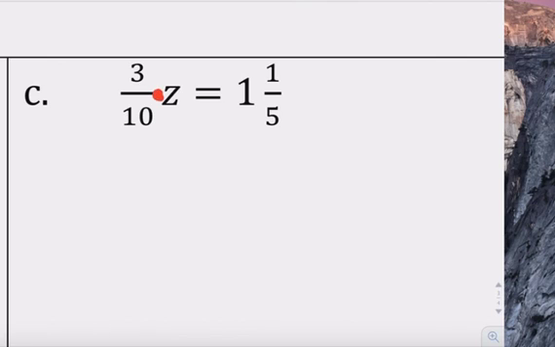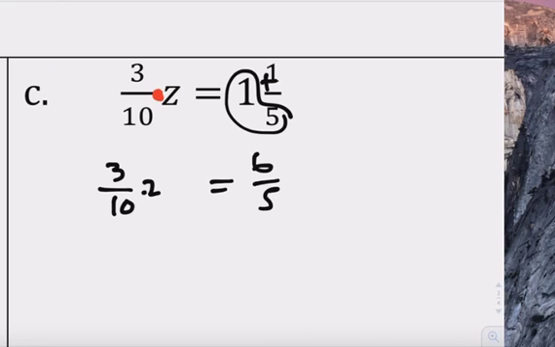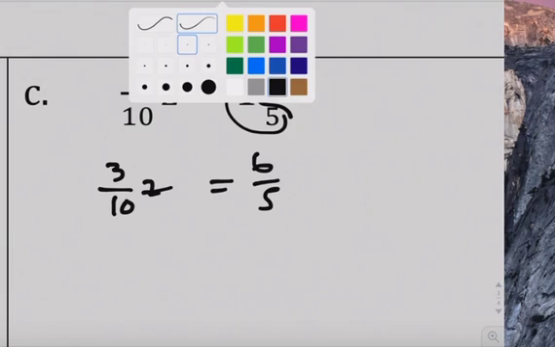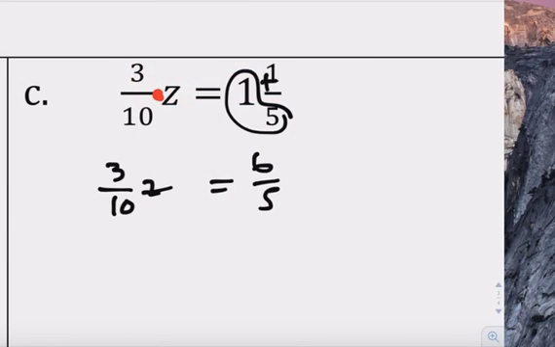It's multiplying, so we need to make sure every number is improper. Multiply by its reciprocal on the variable side, 10 over 3. Cross cancel.